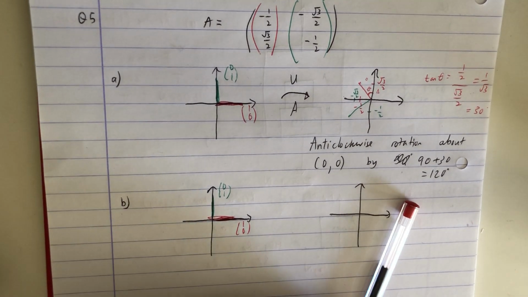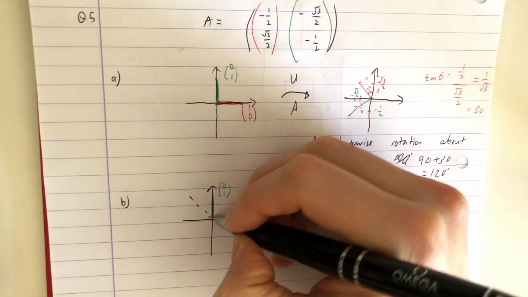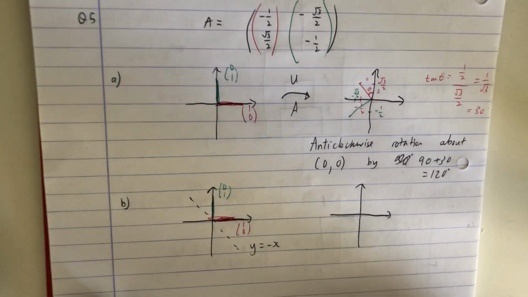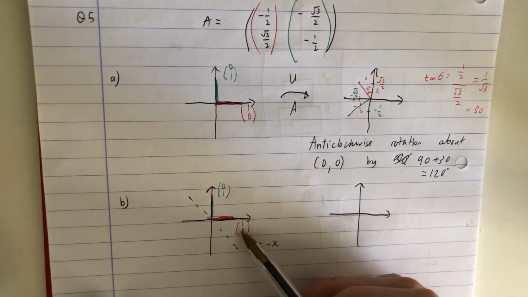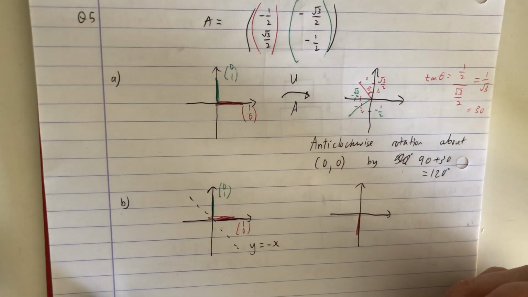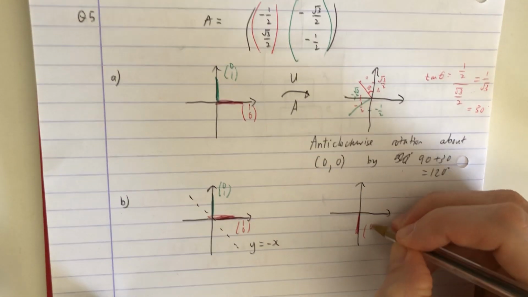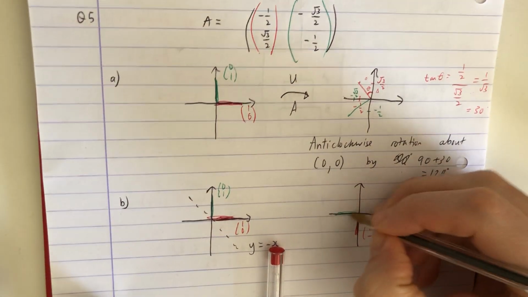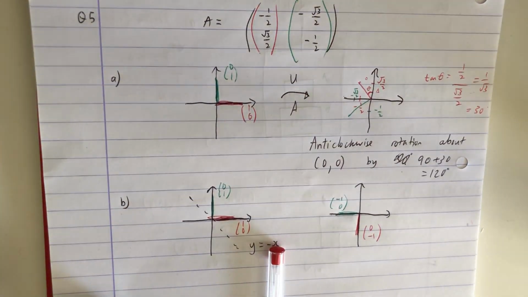Reflection in the line y is equal to negative x, so that would be this line. Where would that basis end up? The red vector would go there, which is 0, negative 1. The green vector would go there, which is minus 1, 0.